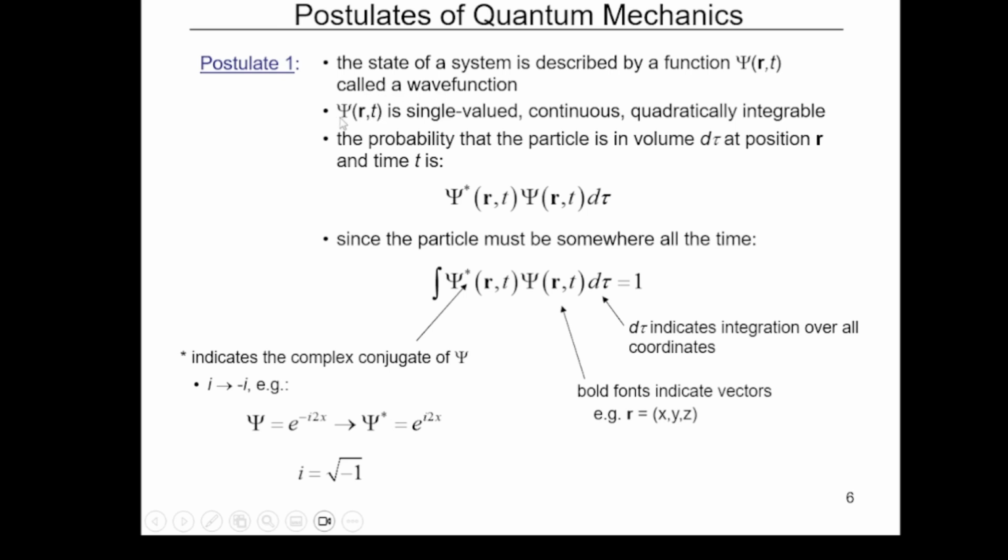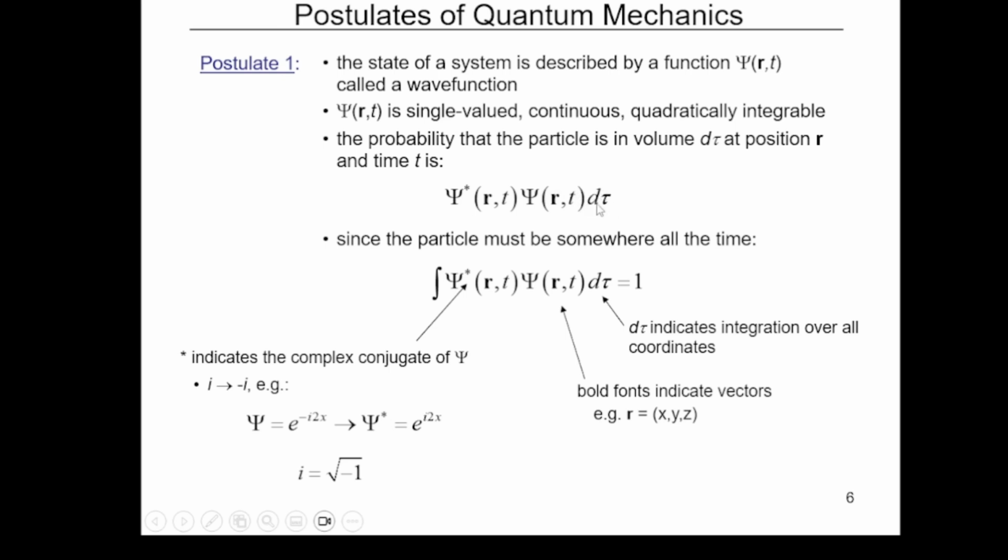Now this psi here is single valued, continuous, and quadratically integrable. So it means that the probability that the particle is in volume d tau at position r and time t is psi star, which is also known as psi conjugate of this wave function. Now you can see this is the conjugate, this is the original wave function, and it is d tau.